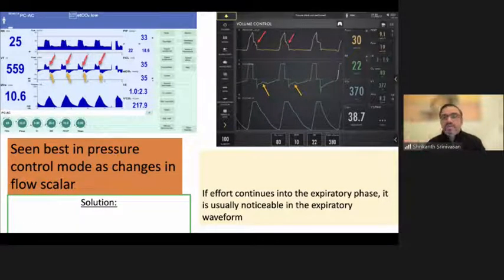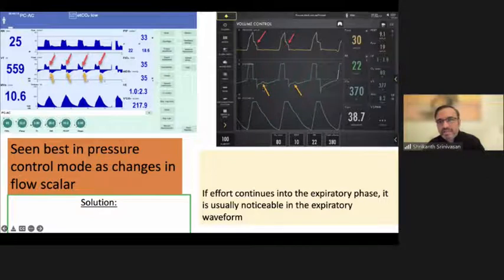In volume control, you can see reverse triggering especially if it occurs later in the respiratory cycle, more towards exhalation. There you can see it in the expiratory phase in a flow time scalar. The normal flow should go down to a peak expiratory flow rate and slowly, gradually come up.